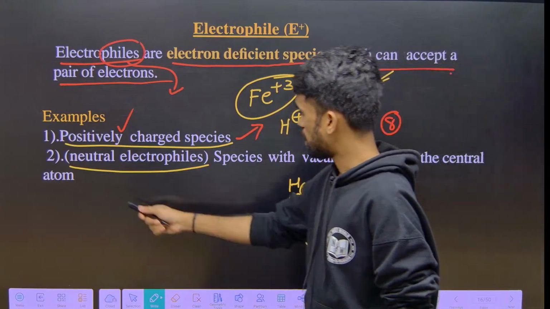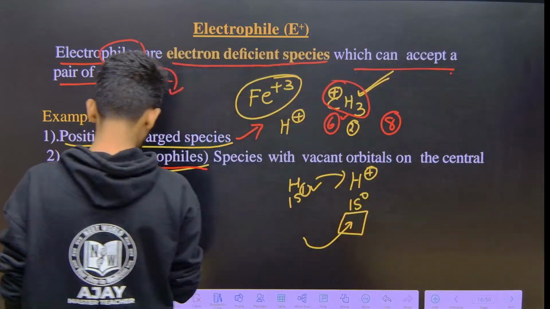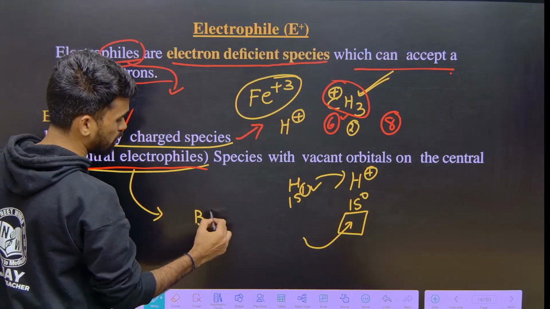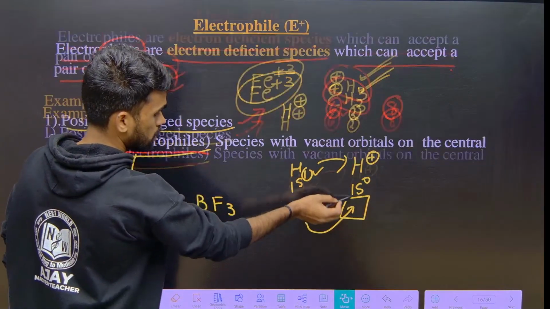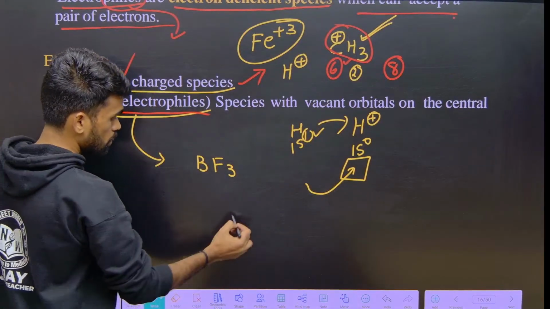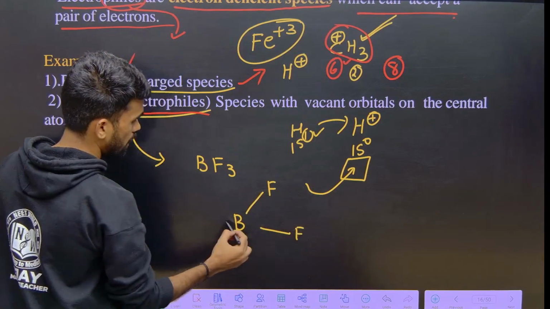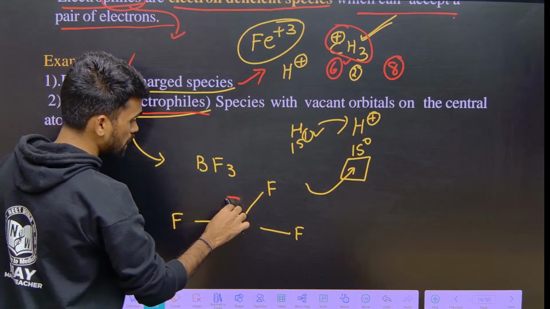Now let us look into neutral electrophiles. For example, I am writing BF3, boron trifluoride. How does the structure look? Boron, F, F and F, like this. Now boron has an empty orbital here.